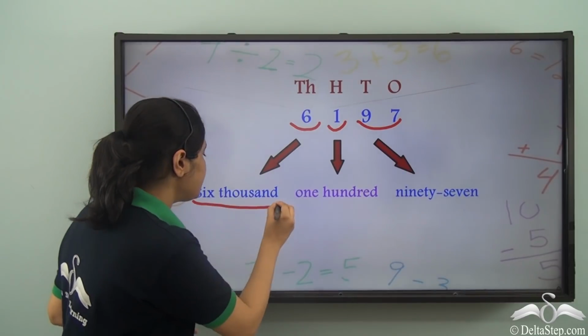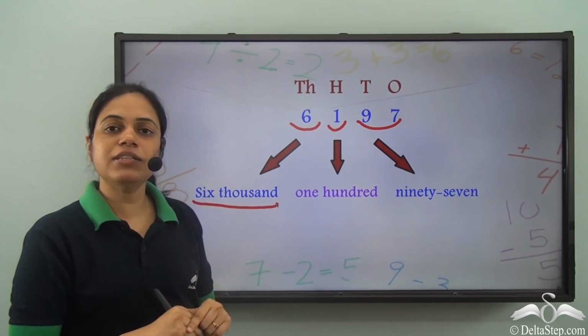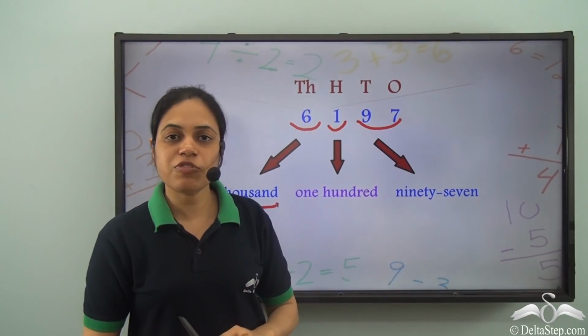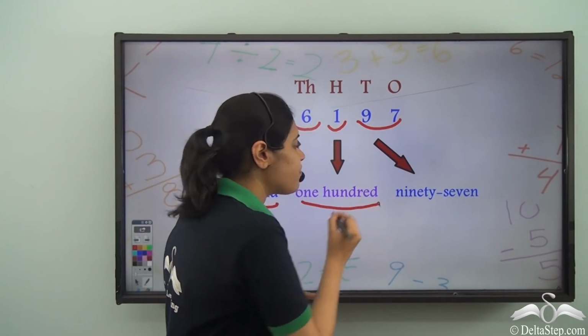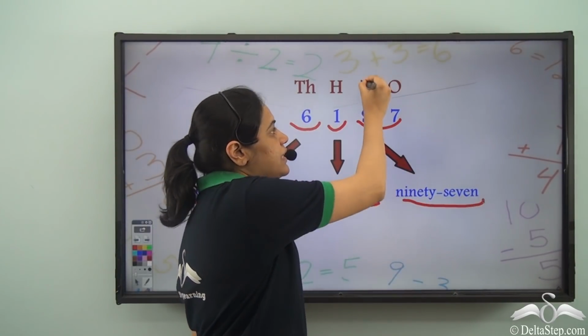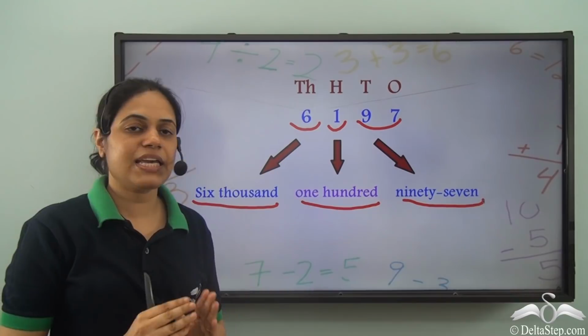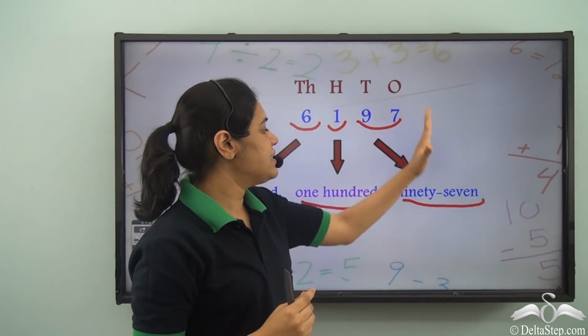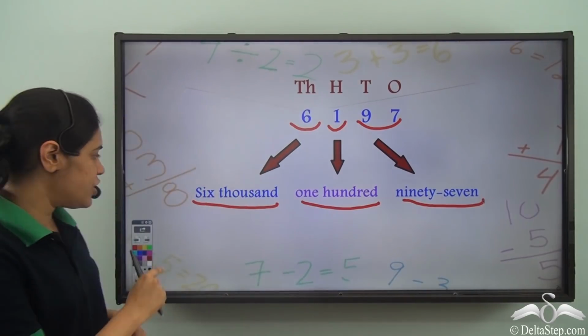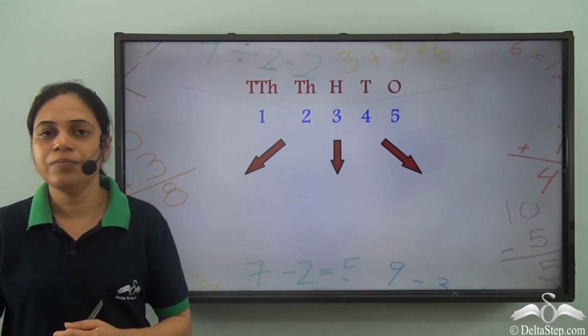The first part comes from the 6 in the thousands place, that is 6,000. The second part comes from the hundreds place, that is 100. And the third part comes from the tens and the ones place taken together, so 97. We can name the 5-digit numbers in a similar manner.